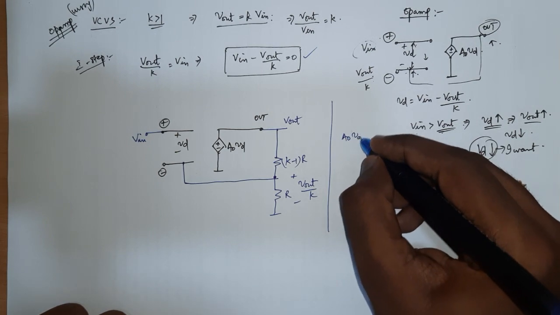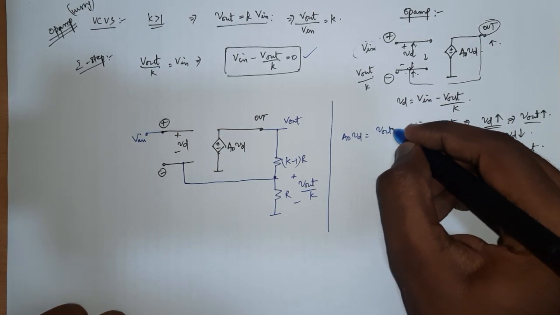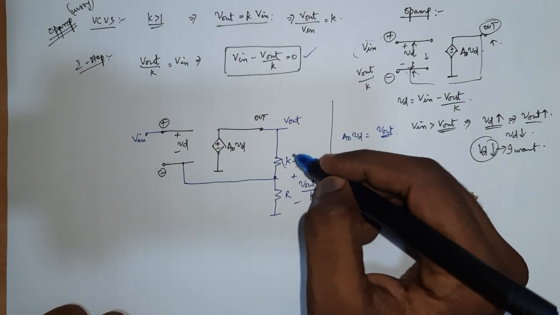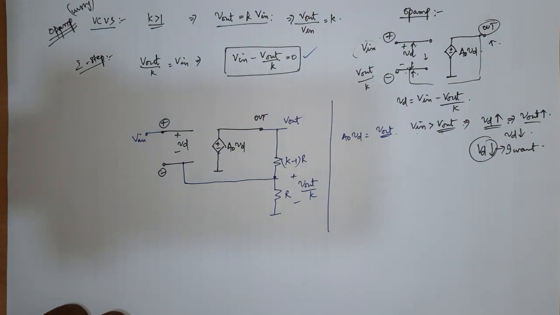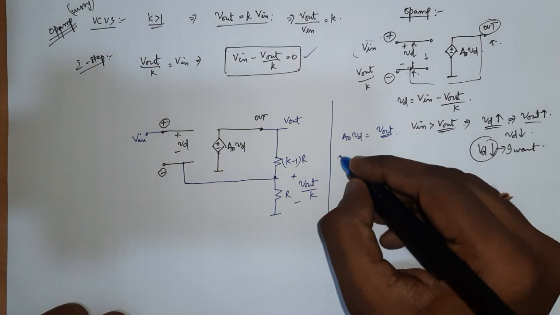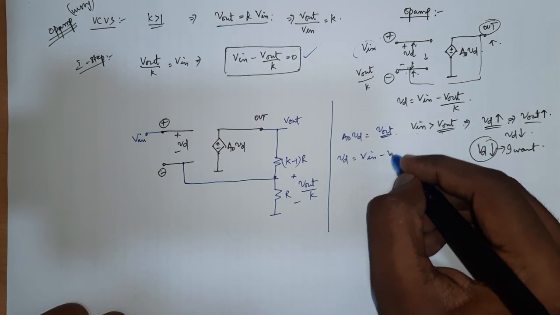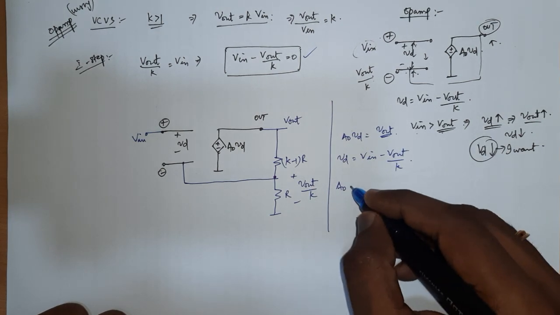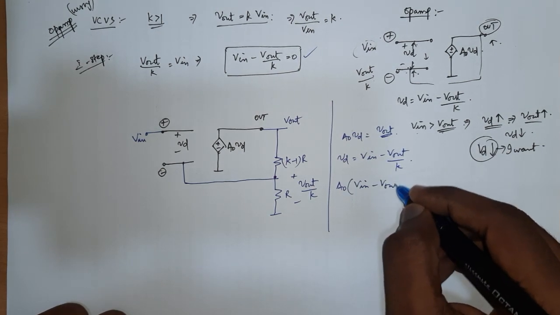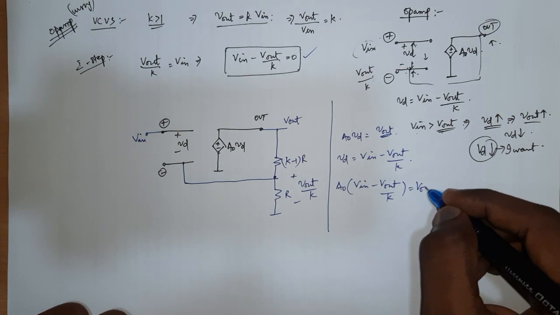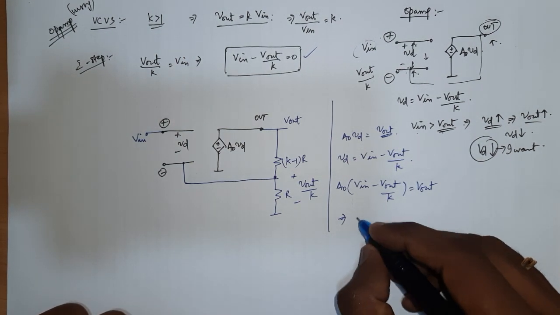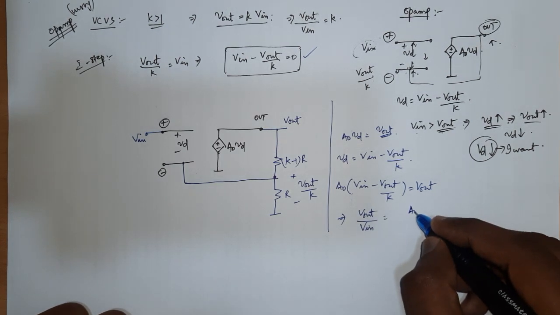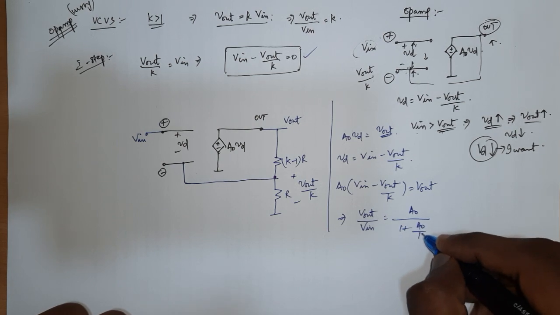So let's put it down here. A0 times Vd is equal to Vout, right? The voltage at this point is nothing but A0 times Vd. At the same time we know Vd is equal to Vin minus Vout by K, right? So substitute it here: A0 times (Vin minus Vout by K) is equal to Vout, which implies Vout by Vin is equal to A0 by (1 plus A0 by K).